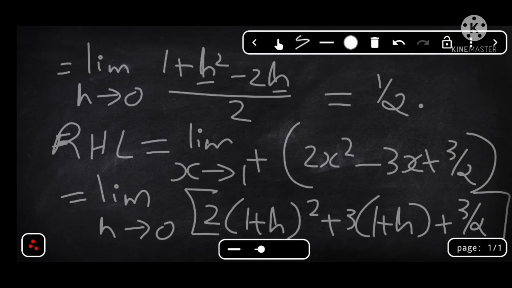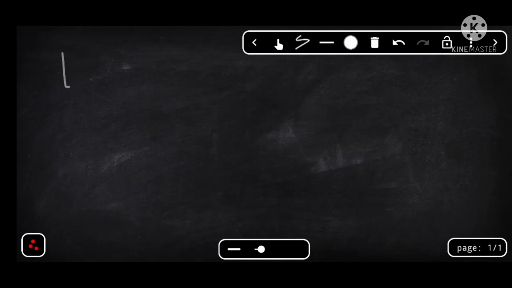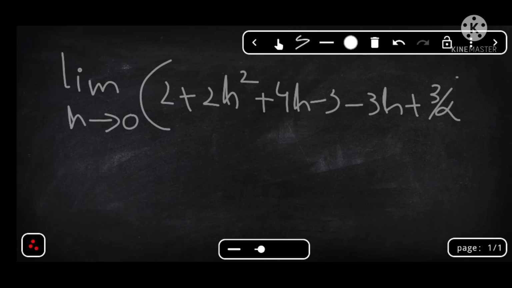Let's expand these and see what we get. Limit h tends to 0 of 2 plus 2h square, I'm just expanding this, plus 4h minus 3h plus 3 by 2.